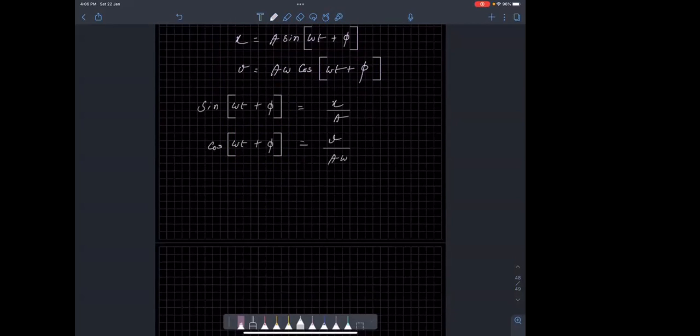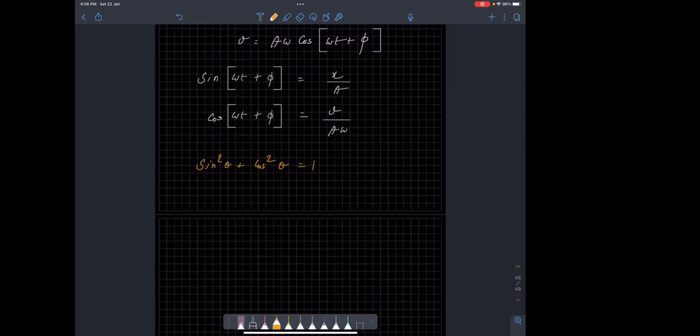Now we know that sine square theta plus cos square theta is 1. So sine square of anything plus cos square of anything is 1, right? So here what we get? (X by A) whole square plus (V by A omega) whole square equal to 1.